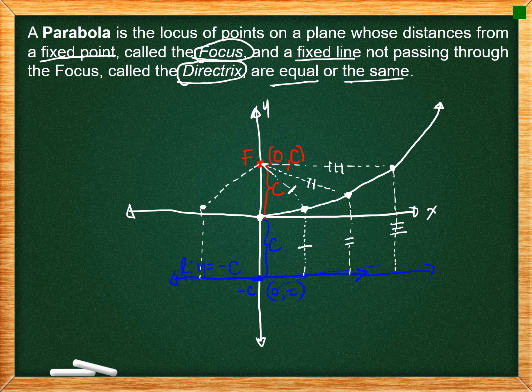Same with this point here and this point, such that when we connect them with a smooth curve, I am still adjusting with this application, that's how our parabola looks. So this is how the graph of a parabola looks.